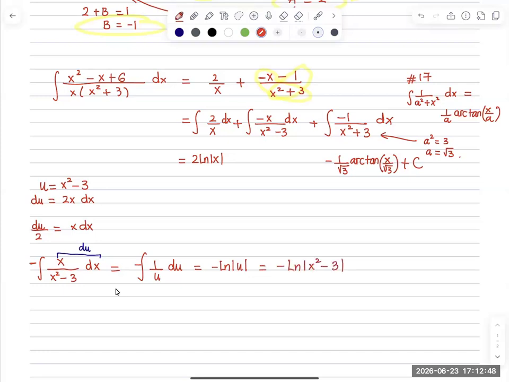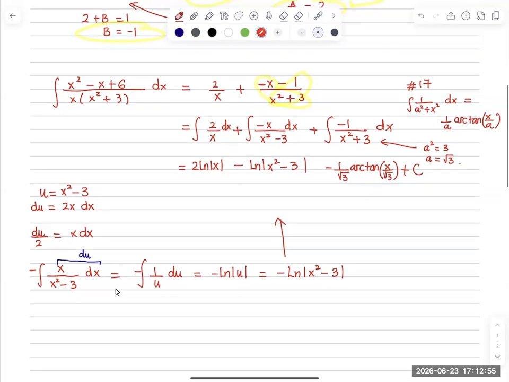So I put that back in there. We have minus ln of x squared plus 3 to be our answer for number 5.